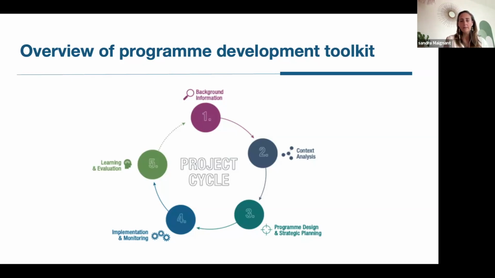This is the module that we will focus on today, where you will have lots of resources and tools related to context analysis and needs assessment as well. Then the third module is the program design and strategic planning. This is a module that really guides you on how to design a log frame. There you can also find a bank of indicators to select from to design your project. You have outcomes. Basically, it's like a ready-made tool to help you design your log frame.